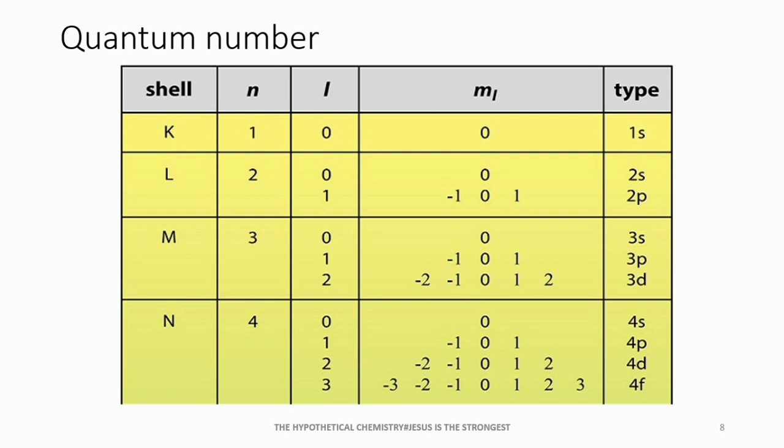Between 0 and 1, we don't have any other integer. So the principal quantum number 1, for the K shell, will have angular momentum quantum number 0, because it starts from 0 to the number before 1.